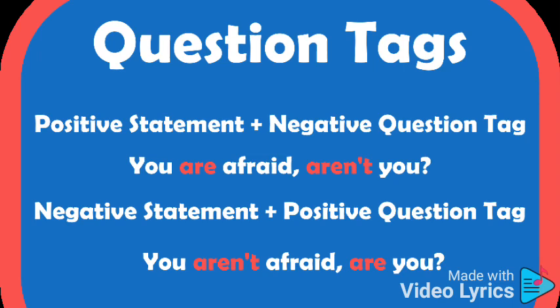The question tag here is will she? They don't like us. The question tag here is do they? You haven't got a car. The question tag here is have you?